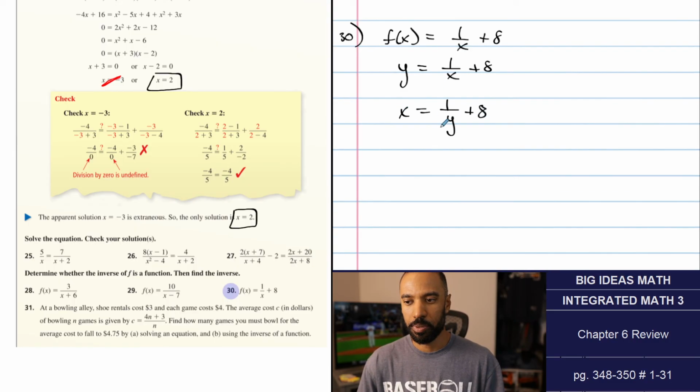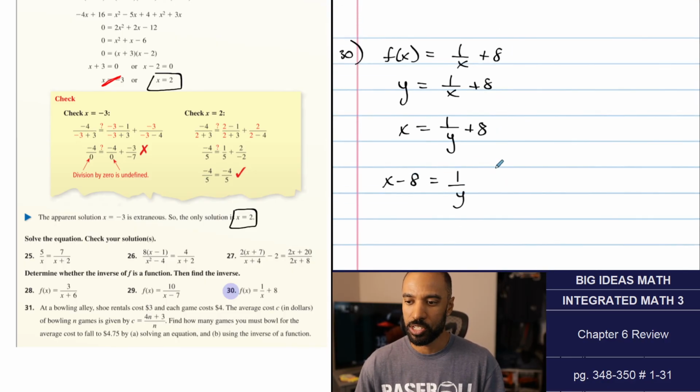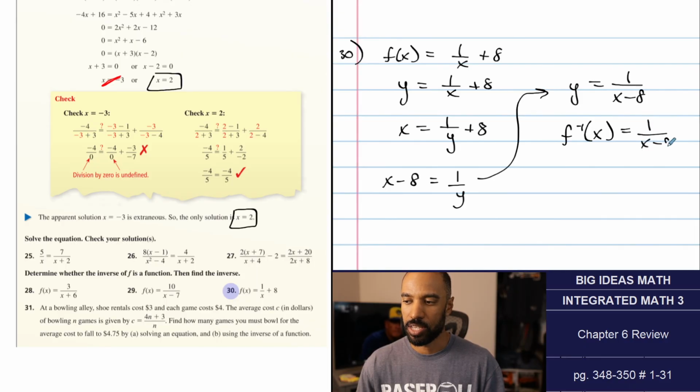You can't switch places here to start with because this would be multiplying both sides by y, which means this would have to multiply by y, and we aren't doing that right now. Subtract 8 first, make this a single quantity, and now when you multiply by y, it's to the whole quantity, then divide by x minus 8, the whole quantity. So in switching sides, you get y equals 1 over x minus 8, which is also the answer. So the inverse of this function is 1 over x minus 8.